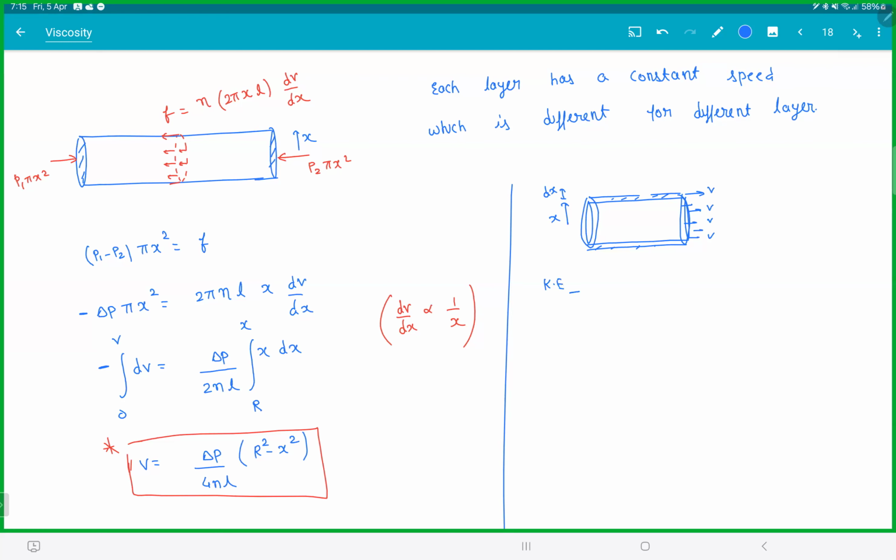So the kinetic energy of this thin cylinder is half dm v square, which is half density times 2 pi x into thickness into length. This is the mass, into v square. So for the kinetic energy of the liquid, just integrate this.